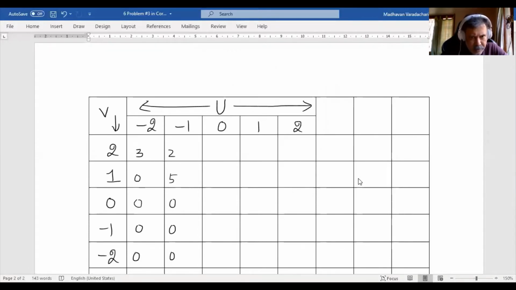Here it is 0, 4, 7, 0, 0. Here it is 0, 0, 10, and then 3 and 3. Here it is 0, 0, 0, and then 2 and 1.